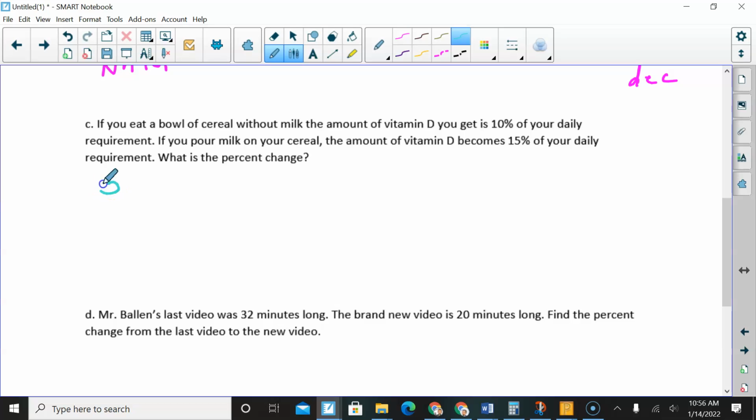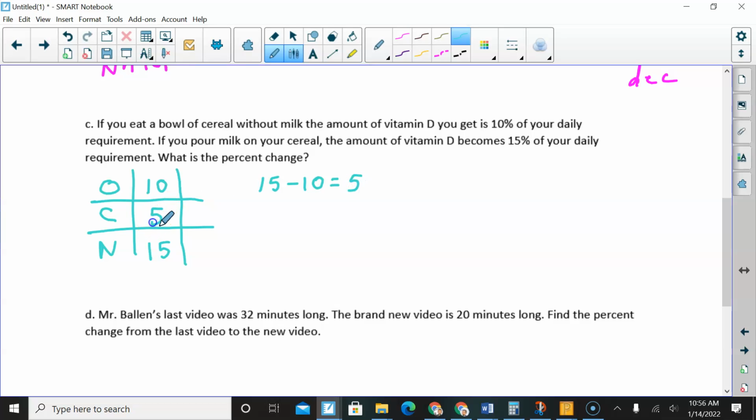So we start off with original, change, and new. Original is 10. The new amount is 15. So we go 15 minus 10. That's 5. So 5 goes right here. Then we have 100 here and P here. So our proportion is built off of these top four boxes.